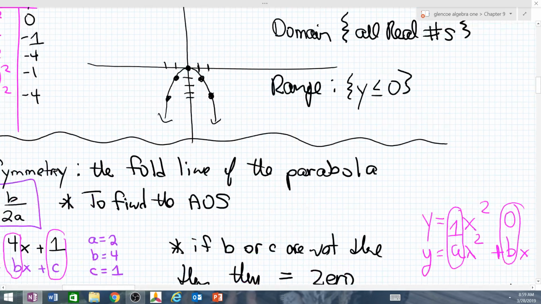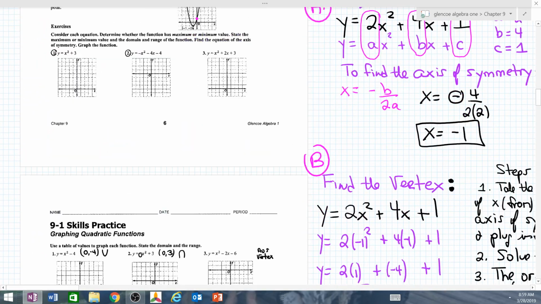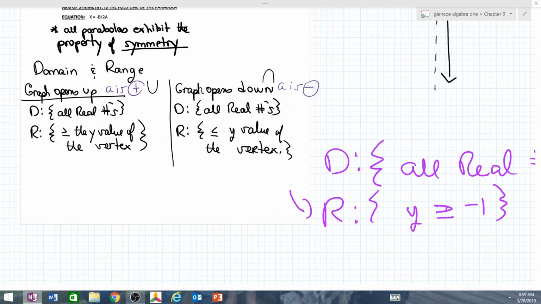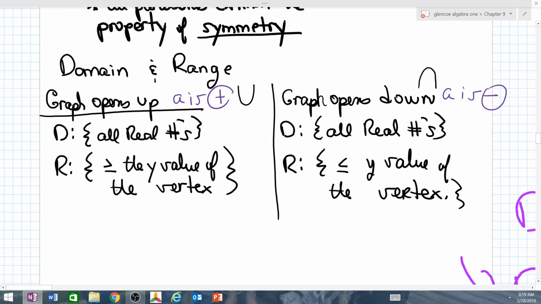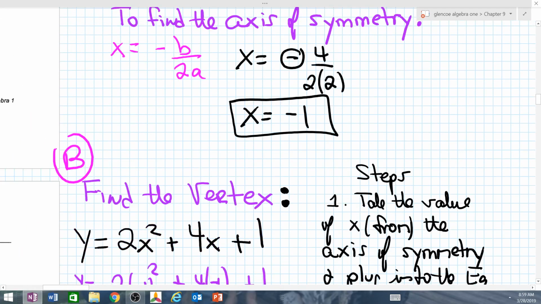Let's go back to that page because we keep missing it. One more time. It's greater than, I'm so sorry. Y is greater than or equal to -1. Why is it -1 and not 0, guys? The vertex is -1. So let's correct that. I apologize.